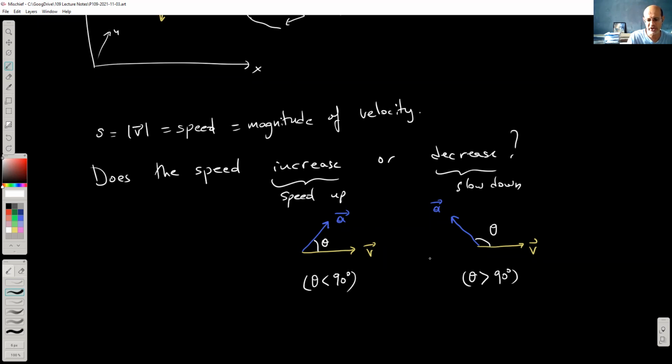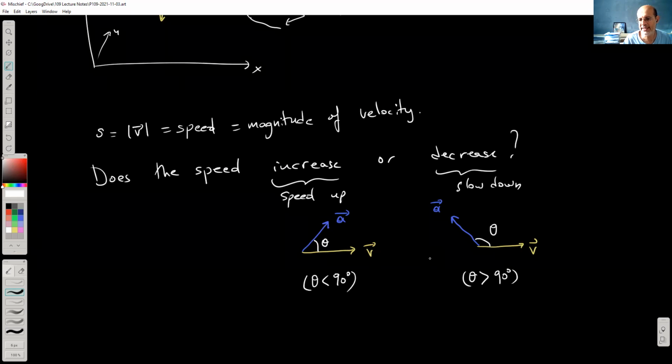In one dimension, of course, we also have the same relationship, but there are only two possibilities: acceleration and velocity would either be parallel or anti-parallel. So you get speeding up or slowing down. Here, we have more possibilities, but by just looking at whether that angle is bigger than or smaller than 90 degrees, you can have these two situations.